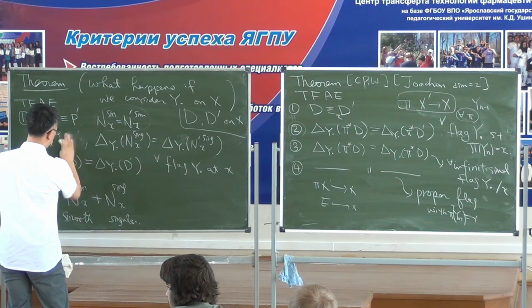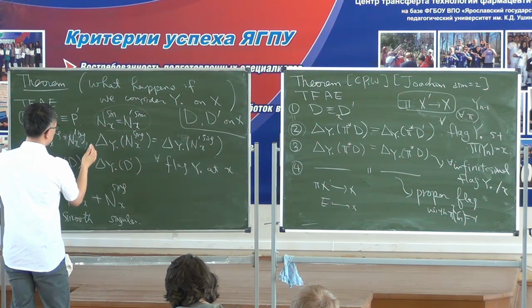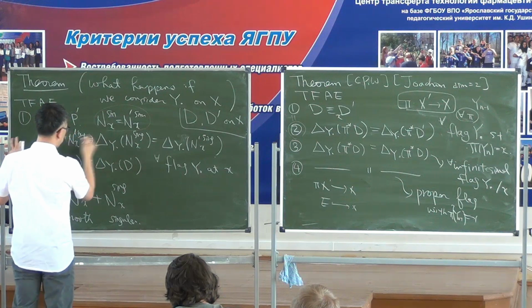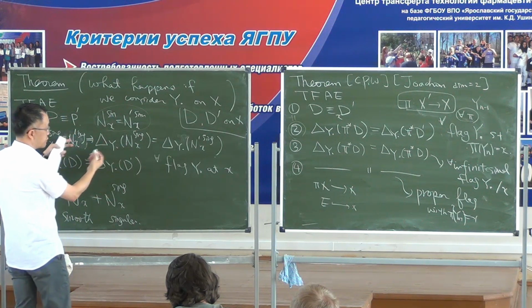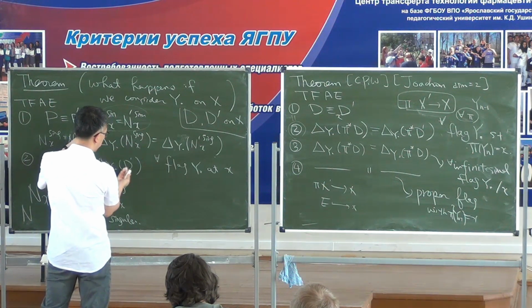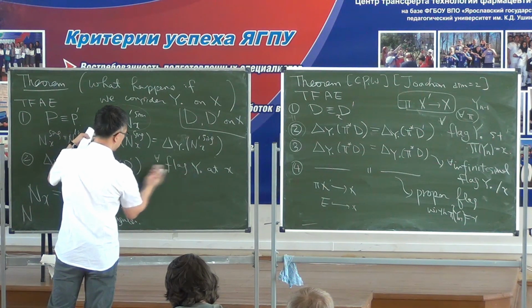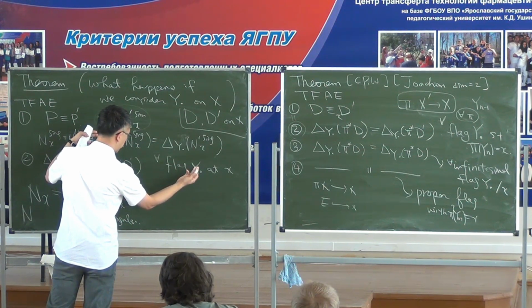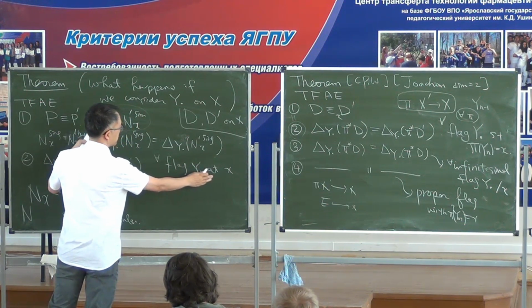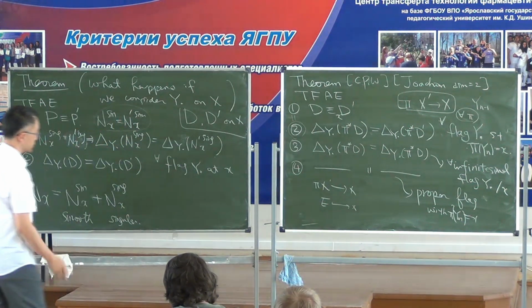And X prime singular. So this is weaker. So this implies this, but this doesn't imply this. So we get weaker information if you consider the flags only on the variety X.